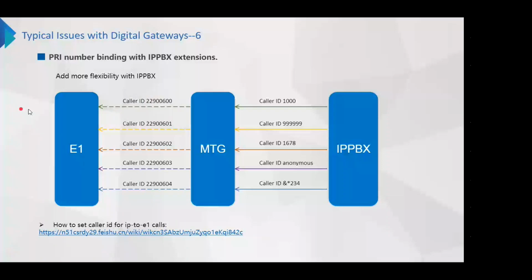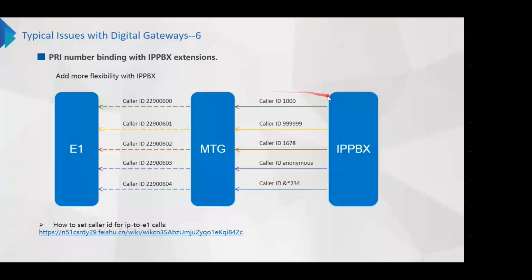You can configure our MTG to combine all the relationships, one-to-one or one-to-more. Of course, it can be done. It's quite flexible and gives your PBX more powerful features. Of course, you can also make incoming calls, and use the incoming caller ID to bind to a PBX extension.